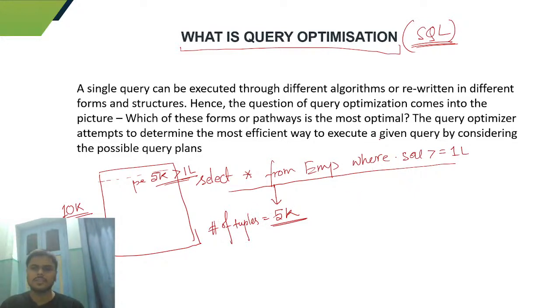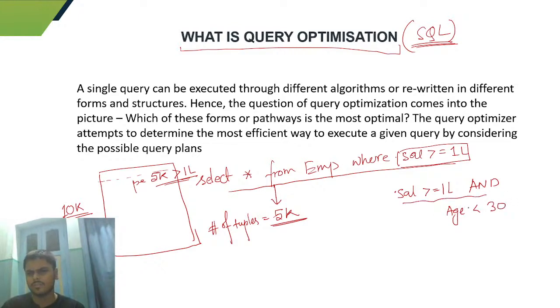Why do we need this query optimization? This is a simple query, but suppose we want WHERE salary is greater than, let's say, 1 lakh, and also age is less than 30.